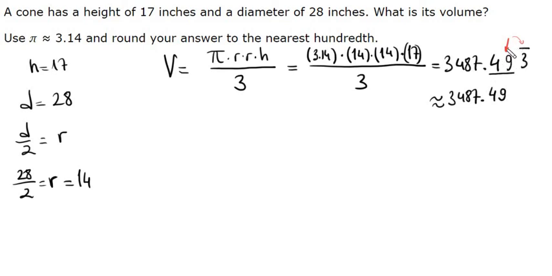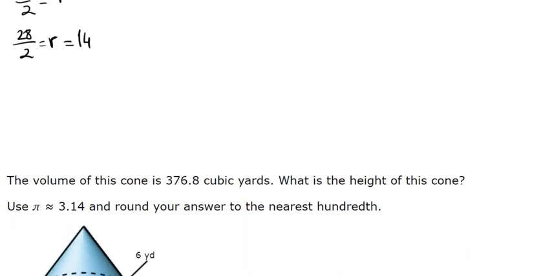If the next number is greater than or equal to 5, then we are going to round up. That means the 49 is going to be 50. Okay, that's going to be the volume of this cone. So we can also write cubic inches. Let's do the next example.